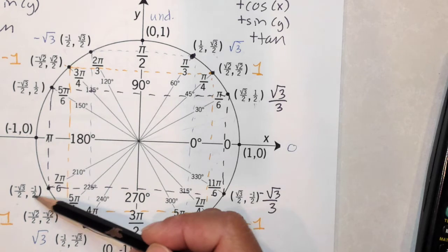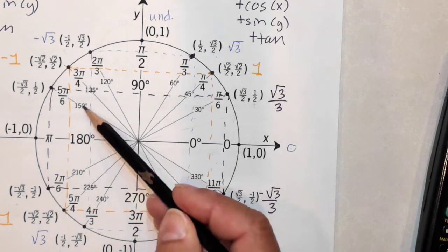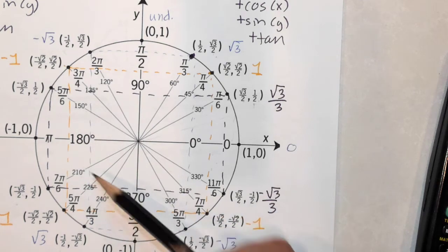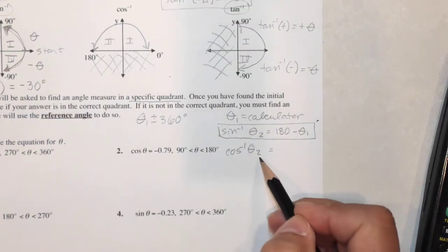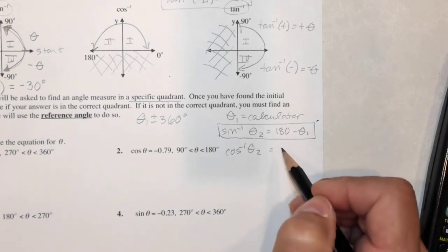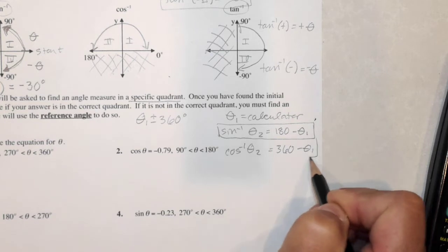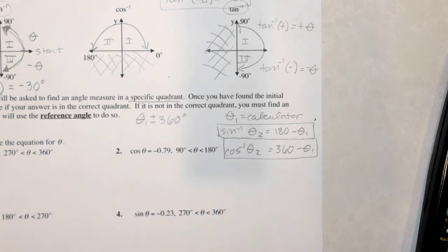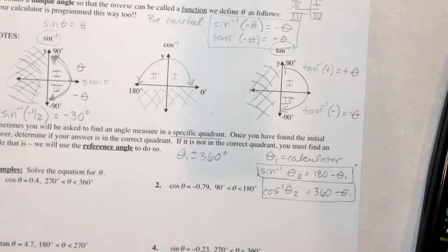Then down here is the other place the cosine is negative root 3 over 2, 210. These also add up to 360. So the way we'll go about finding our second value if we're doing cosine inverse is to take 360 minus our first option that the calculator gave us. Because the calculator is always going to give us an answer in one of these zones.